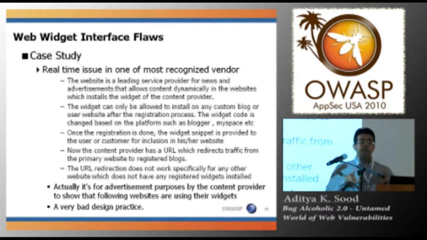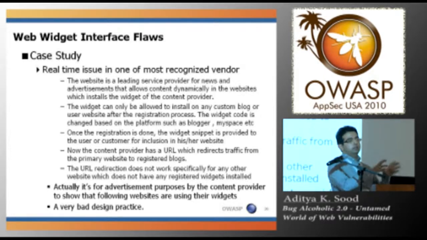So you put the widget in your web application or blogspot, and the service provider uses that web redirection link to get onto your blog and use it for advertisement purposes. But this is a real design flaw because they don't put in any kind of access control. They only think that a registered user can do that directly.